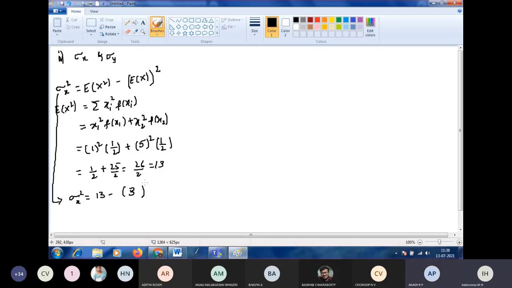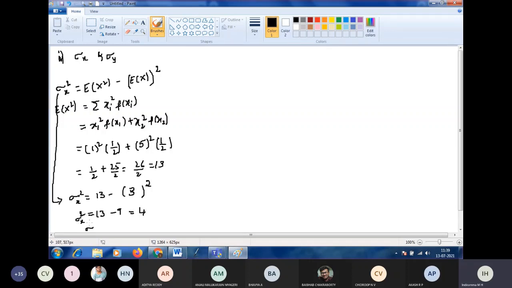Mu x is 3. Okay, 13 minus 9. What is 13 minus 9? 4. So sigma x square is 4.